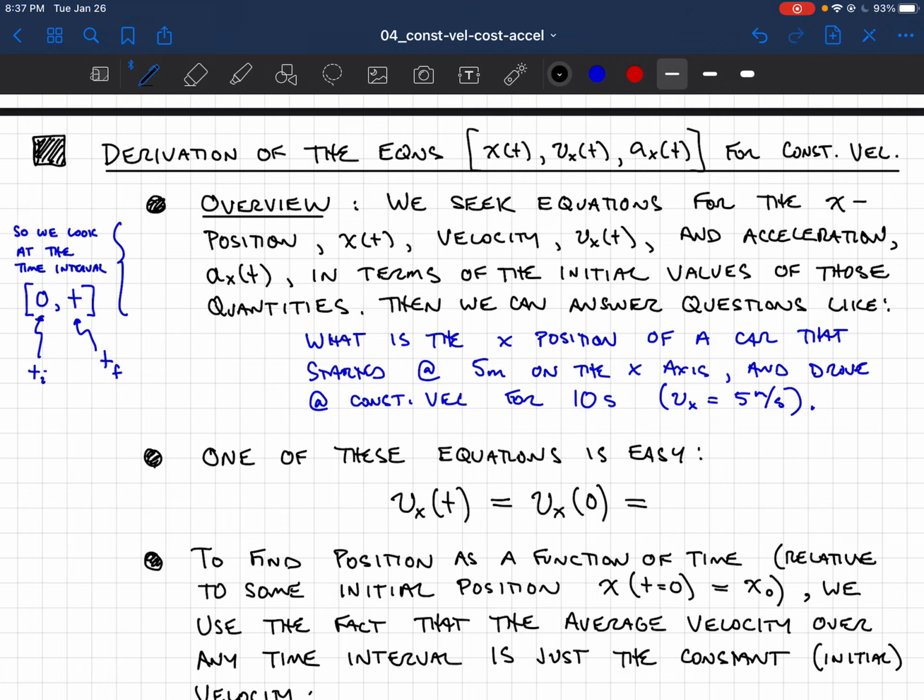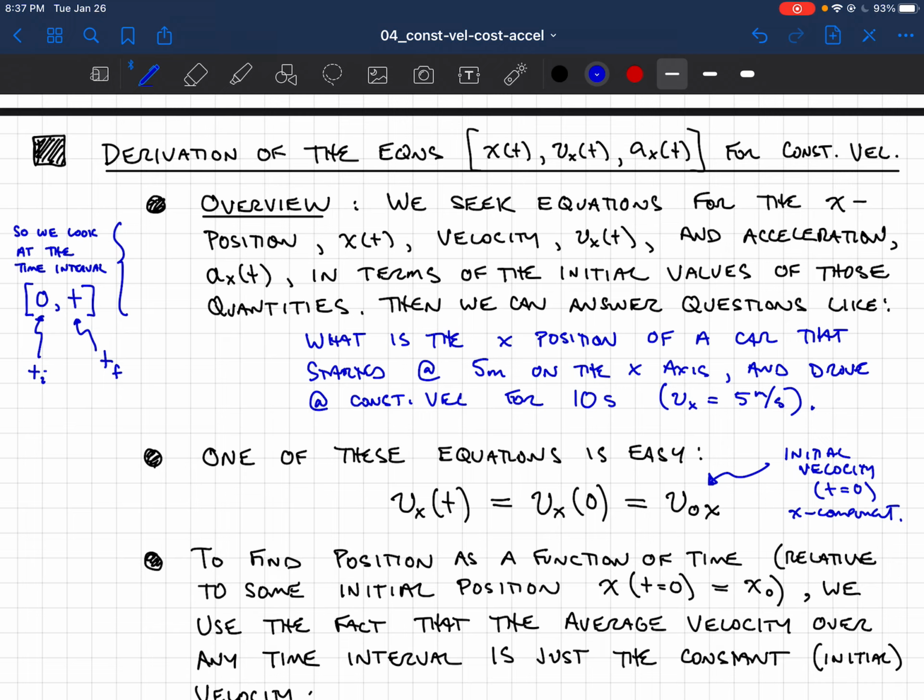And we're going to give that a special name, which is v0 sub x, meaning it is the initial velocity at time equal to 0, x component.